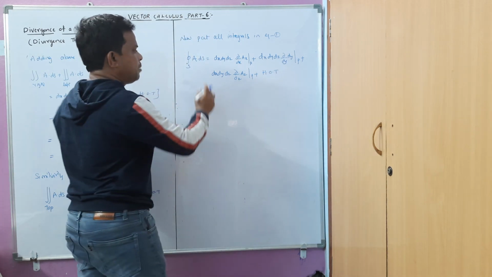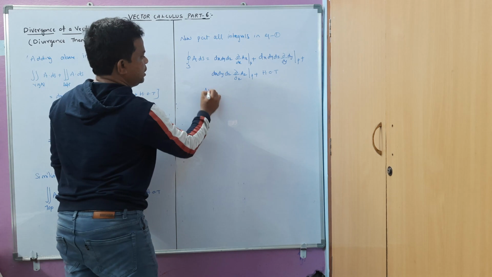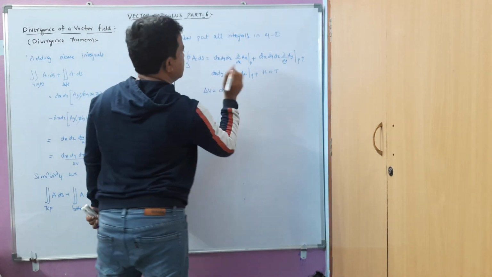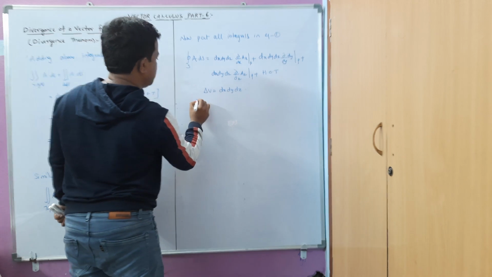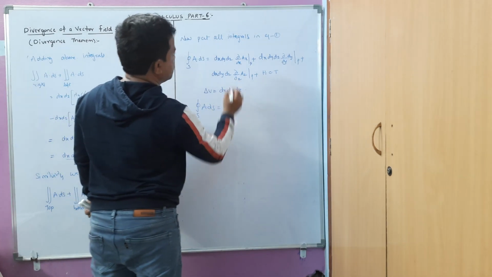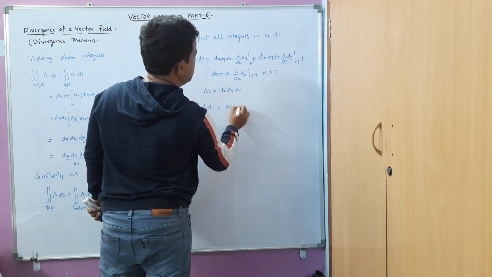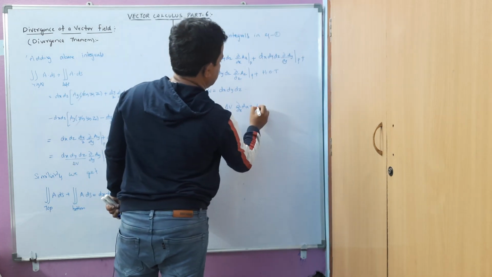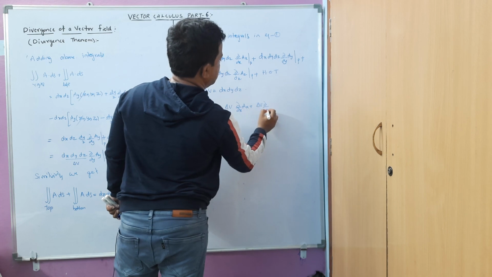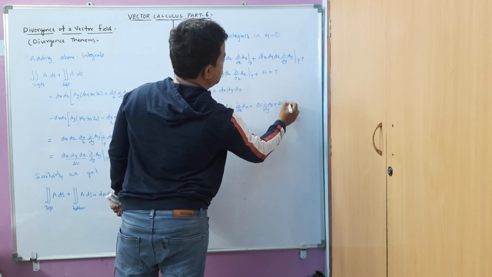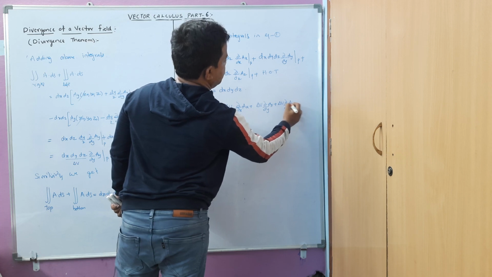Now I am going to take delta v as the volume dx dy dz. After substituting that one, let us see what happens. Closed surface integral A dot dS is equal to delta v into dou by dou x of ax plus delta v dou by dou y of ay plus delta v dou by dou z of az.